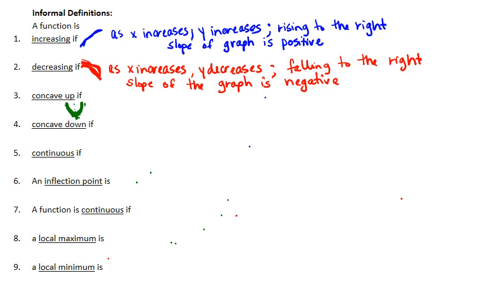So I'm either decreasing at a decreasing rate or increasing at an increasing rate. In general, my slopes are increasing if I'm concave up, meaning getting less negative if my slopes are negative, or more positive if my slopes are positive.